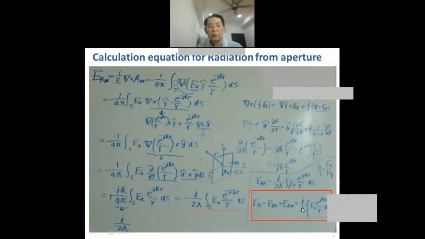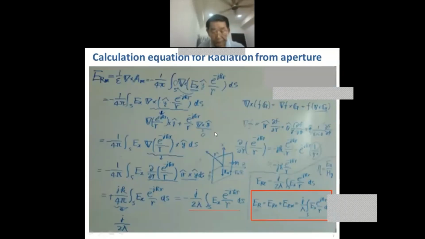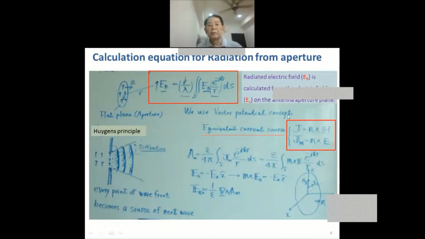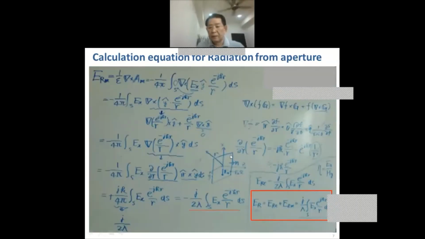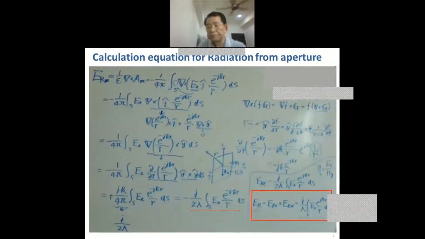So we can obtain this calculation equation. So we can ensure this calculation by using the vector potential concept. If you are interested, you can trace this derivation finally, and we can use this radiation calculation.